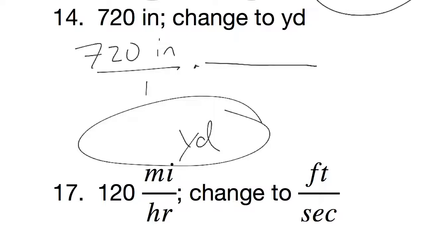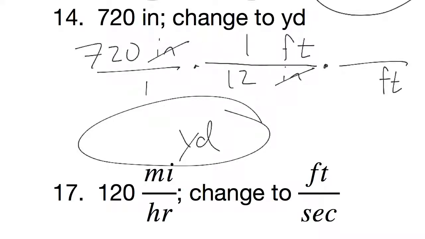This is going to be a little tricky because we have inches here, and I don't know how many inches are in a yard, but I know that I can change inches and feet. I know that there's 12 inches in 1 foot. So when I multiply, these inches are going to cancel out. But what I want is yards. So I know that there are feet here. Of course, I want to cancel out the feet.